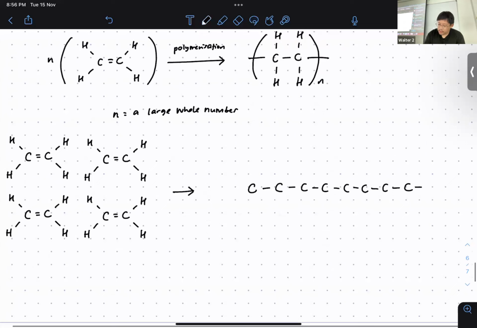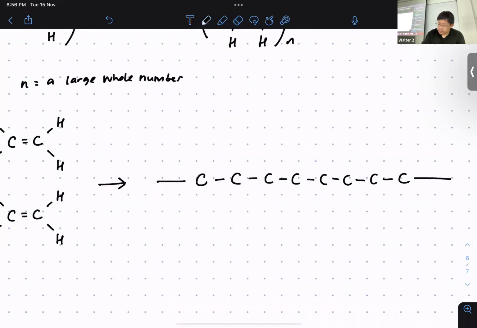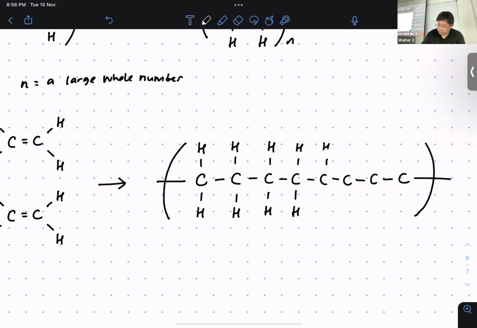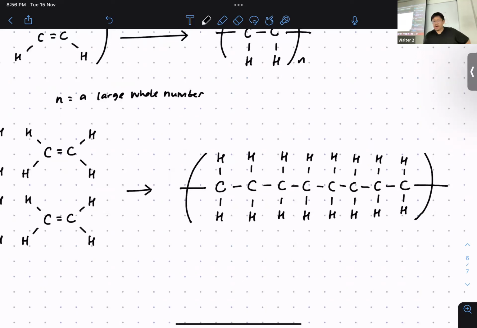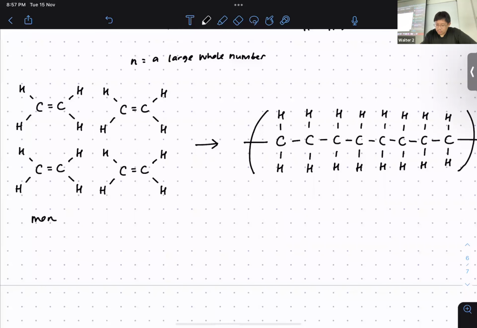Then we have the monomer, which is the smallest unit, which we call ethene.